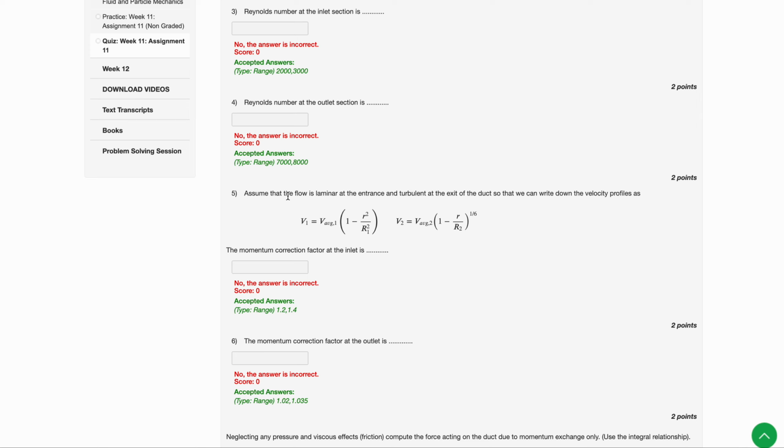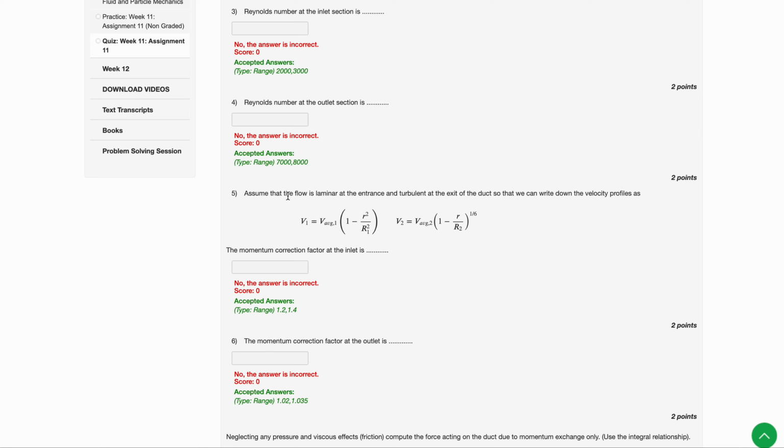So it will not be a bad approximation if we assume the velocity profile at the inlet as a laminar velocity profile, which is of the form V1 is equal to V average 1 into 1 minus r square by R1 square, where R1 is the radius at section 1. But I don't think it will be V average at 1, it will be V max.